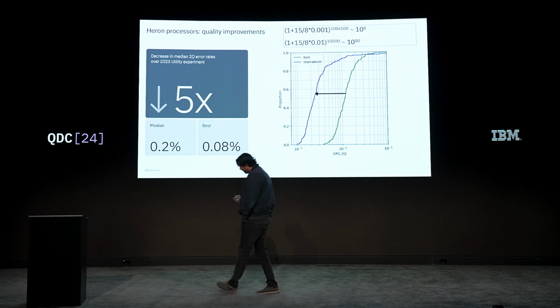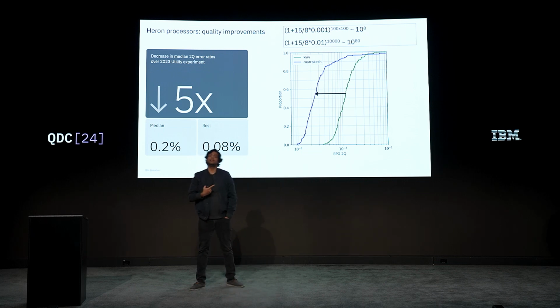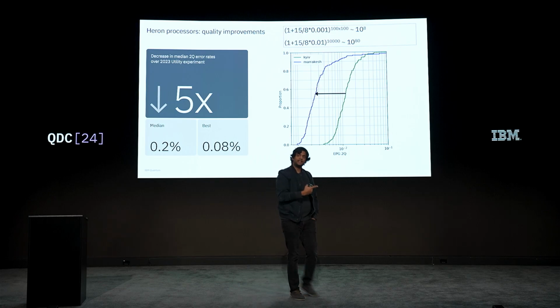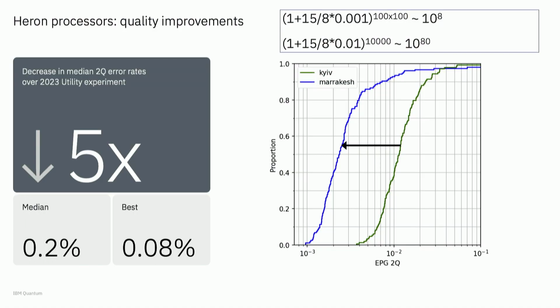In the State of the Union, we also highlighted the improvements in error rates in our latest Heron processors compared to the 2023 utility experiment. And even there, we highlighted that this 5x improvement is going to have a tremendous impact on the kind of error mitigation sampling overheads that we have, right?